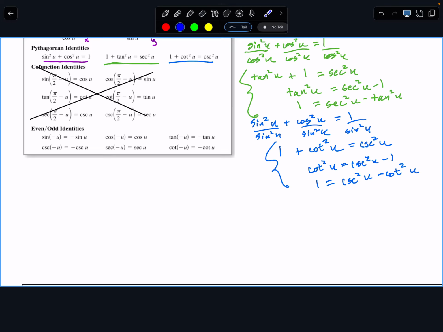Even and odd functions, you had this in another chapter, and for them to be even, f of a negative x comes out to be f of x. And that's true when they are even. But f of a negative x comes out to be the opposite of f of x when the functions are odd.